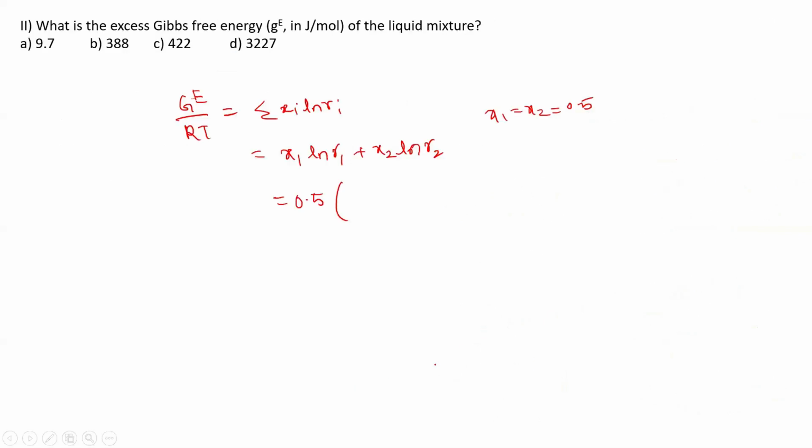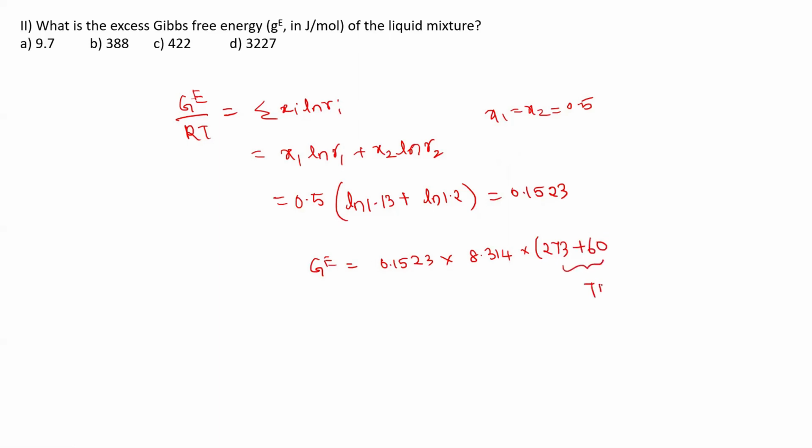So this gives us 0.1523. Now we have G is equal to 0.1523 into 8.314 into 273 plus 60. So this is the temperature in Kelvin.